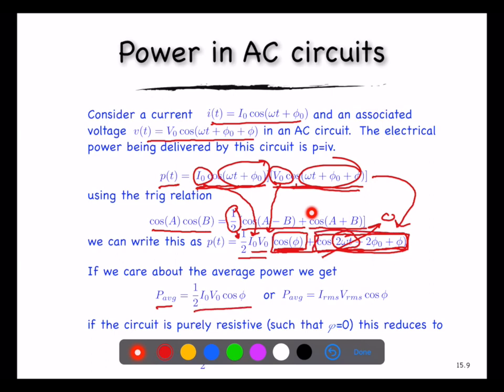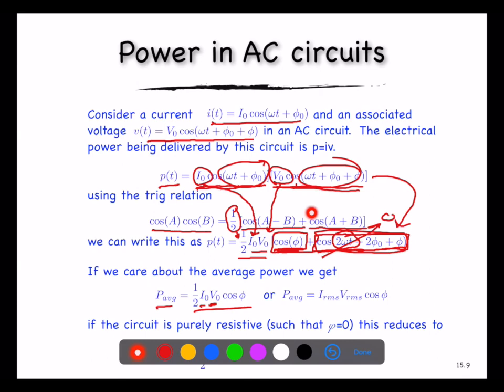So I just have the term on the left contributing to the average power. And what I see is the average power is 1/2 of the peak power. So I naught times V naught. I naught is the peak current, V naught is the peak voltage. And so the peak power would be I naught times V naught, but because the power is oscillating between 0 and this value, the average is 1/2.